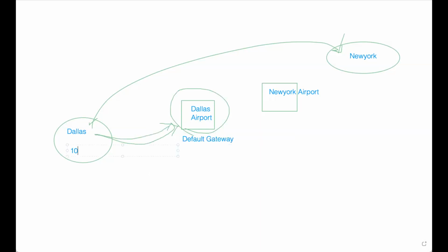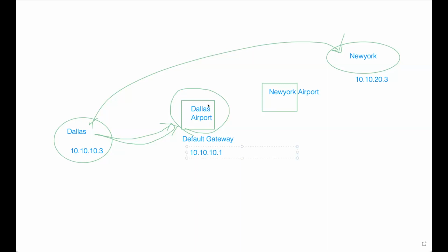So if I am 10.10.10.3, if I want to go to 10.10.20.3, I have to go to what, guys? My default gateway, which is on the router, which is 10.10.10.1.